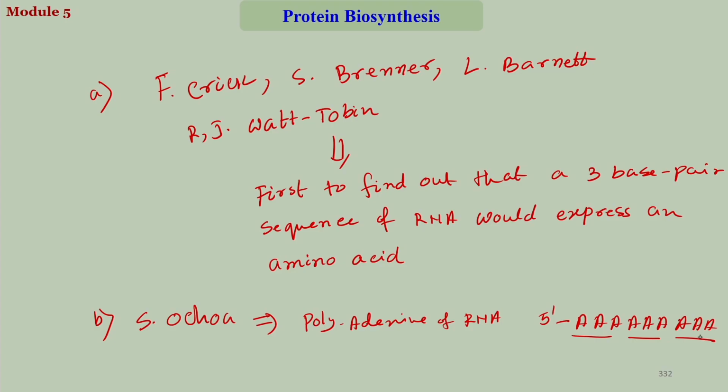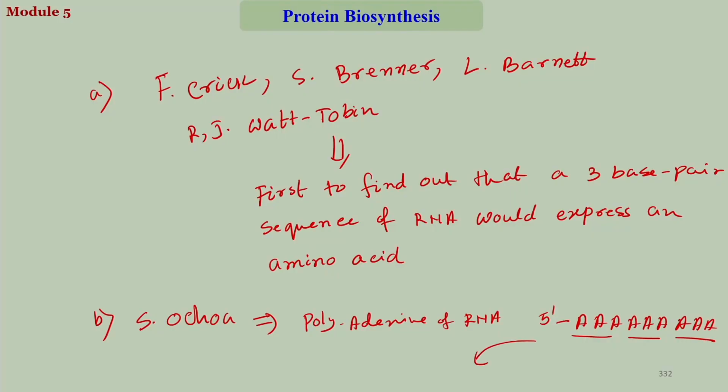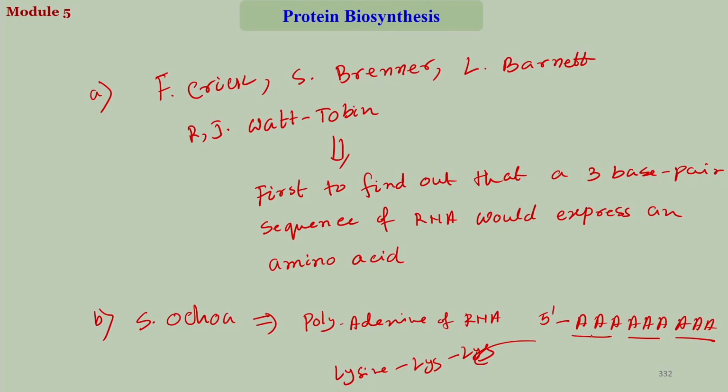If you take this particular RNA with a polyadenine chain, then the protein or the peptide you synthesize out of this would be lysine, a polylysine. So, a polylysine was synthesized out of polyadenine RNA, and of course, the numbers had the parity that 3 bases, or one codon, corresponded to 1 amino acid.